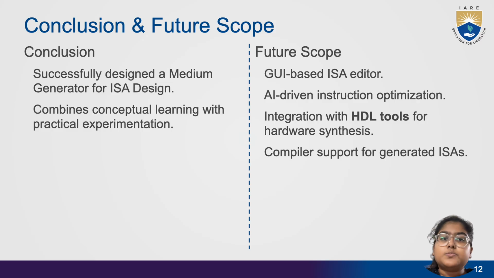In the future, this project could be extended by adding: one, a graphical user interface or GUI for easy operation; two, AI driven instruction optimization; three, HDL support for hardware synthesis on FPGA; and four, compiler integration to execute simple programs on generated ISAs. With these additions, the generator could evolve into a complete educational platform for ISA design and simulation.